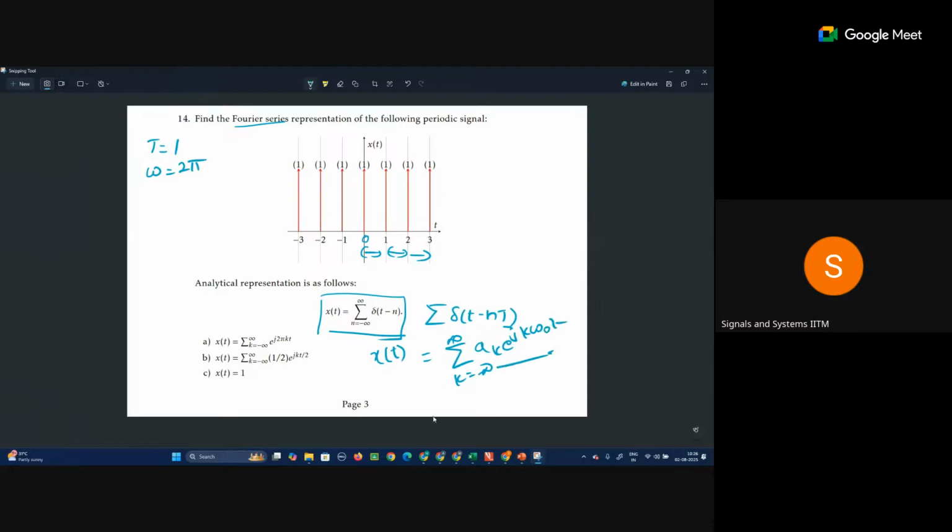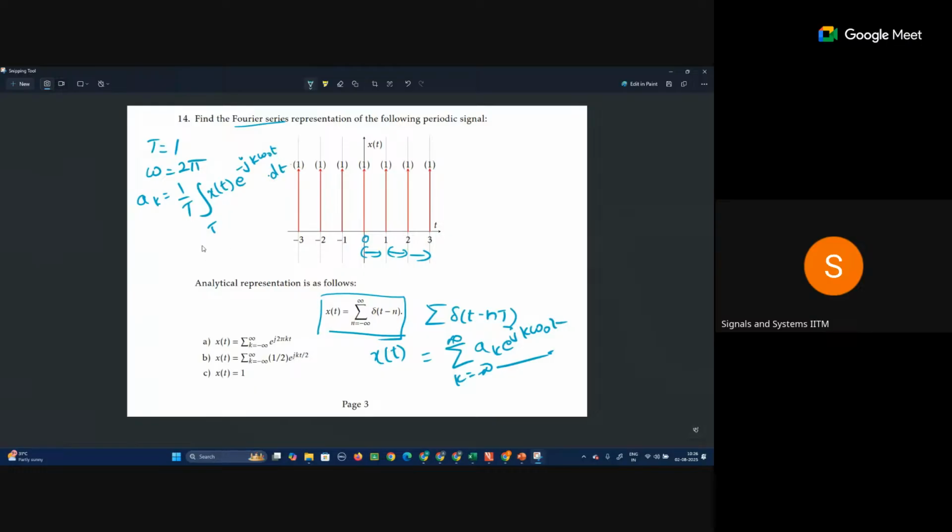First we have to find ak. We already know ak is equal to 1 by T, integral over the duration T, of x of t e power minus jk omega naught t dt.